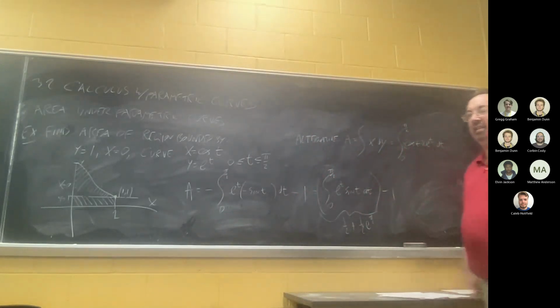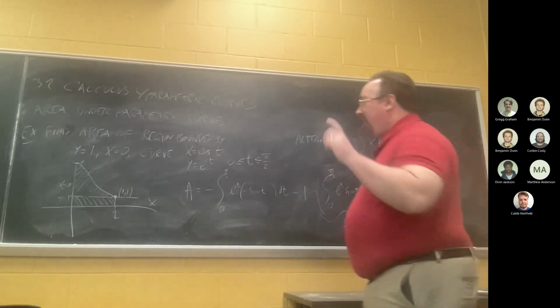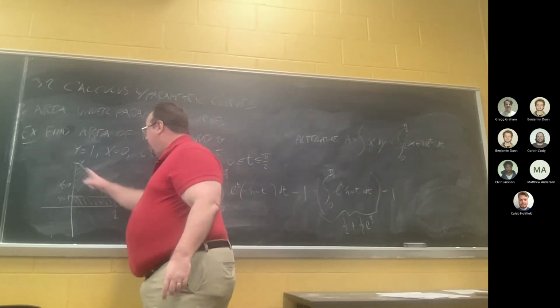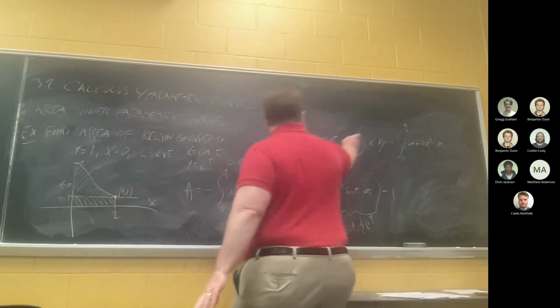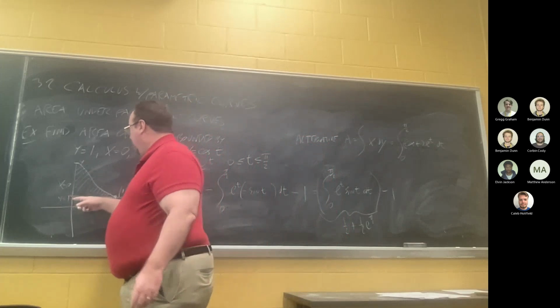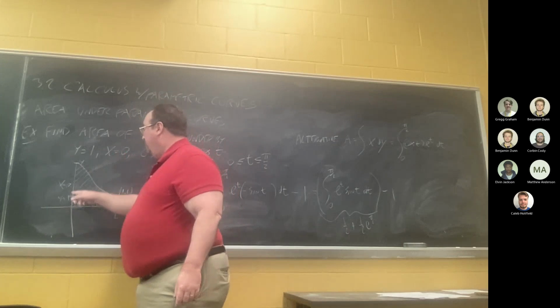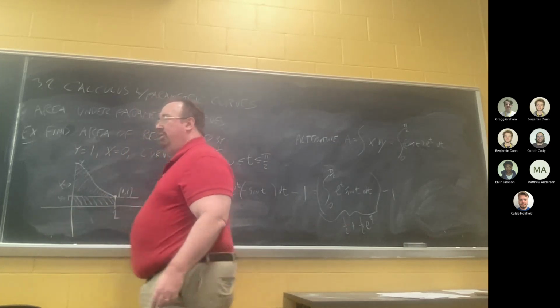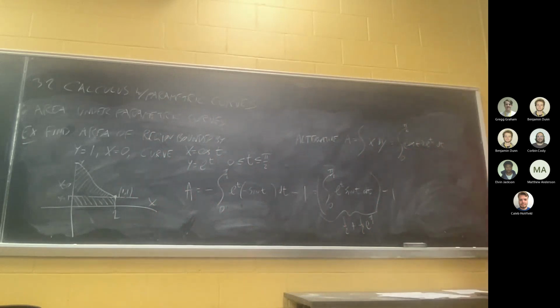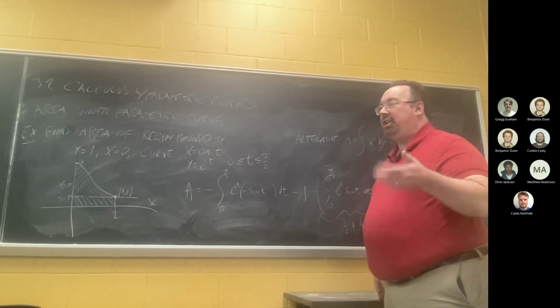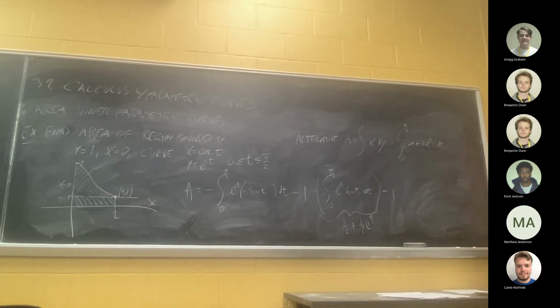But it's still worth pointing out: in the original way, we're going from right to left, but when we change perspective, integrating x dy, now we're going from bottom to top. So there's no need to negate. As t increases, y increases, dy dt is positive, so you don't negate.